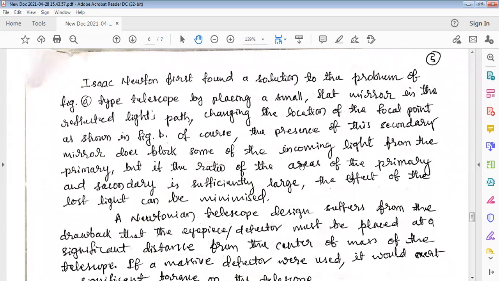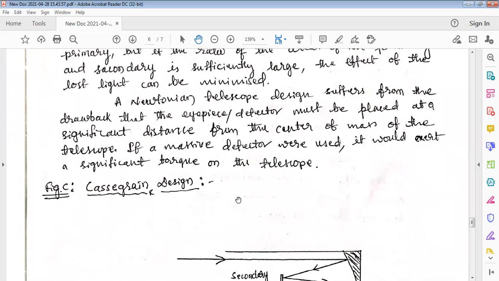But if the ratio of areas of primary and secondary is sufficiently large, the effect of the lost light can be minimized. So a Newtonian telescope, this is the Newtonian design.